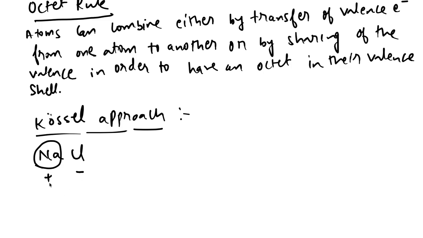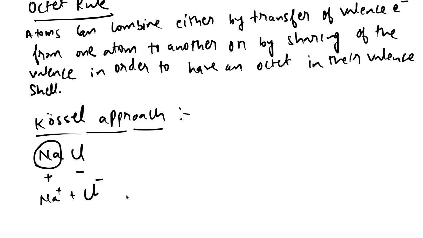Okay. So in that case, what will happen? The sodium is going to lose one electron to form a cation, that is Na+, and chlorine will try to gain one electron to form an anion. And then, since this has a positive charge and this has a negative charge, they will stay together because of the electrostatic force of attraction.